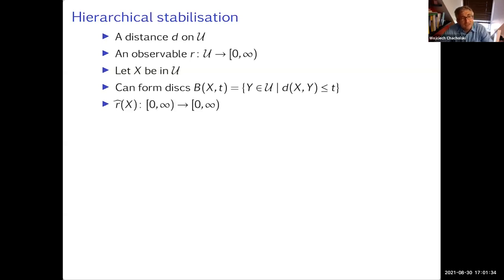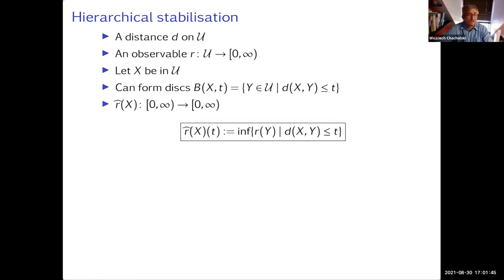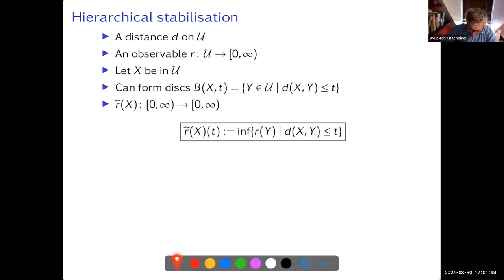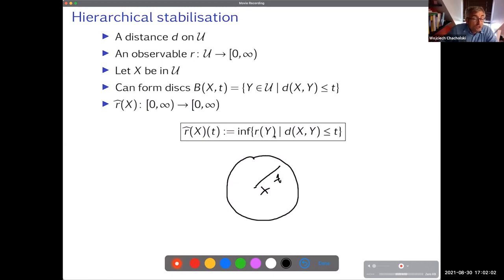And now what we can do is associate with this object a function. So, a little bit, not a number as R assigns to X, but a function. Here is the definition of the function. You look at X, you look at these disks of various radius, and you want to minimize the invariant, the observable, on this disk.